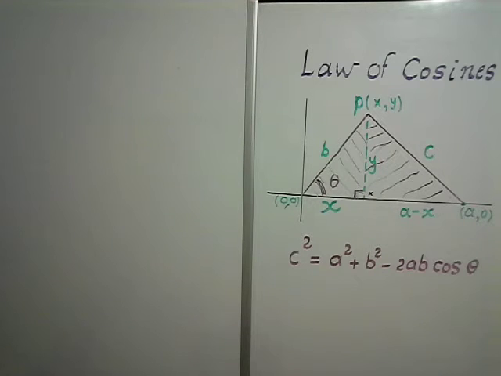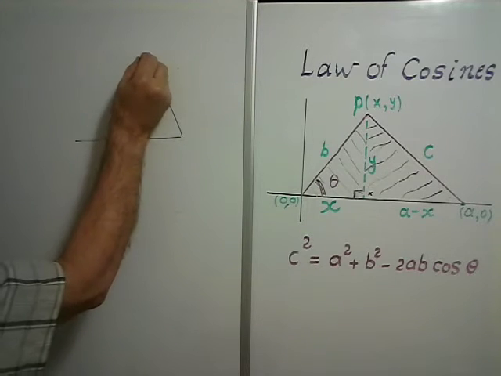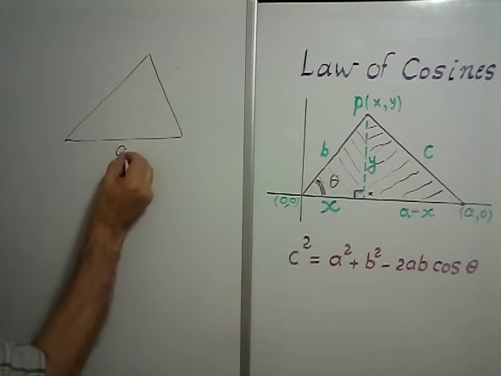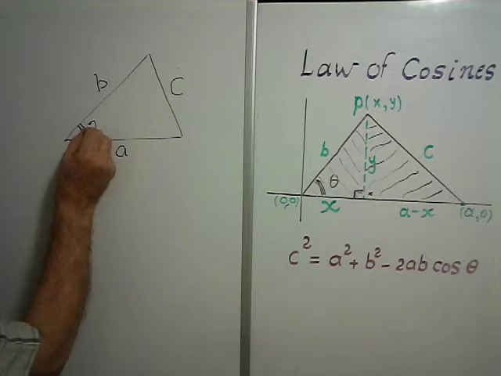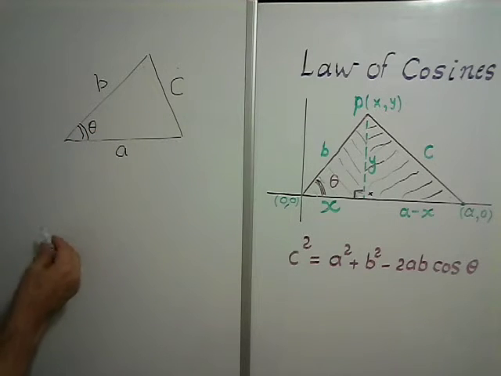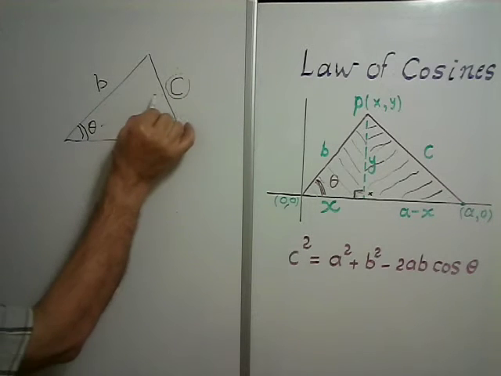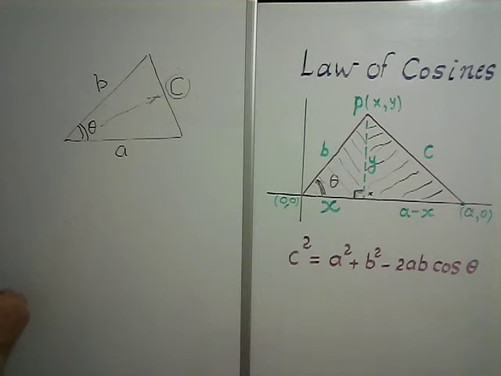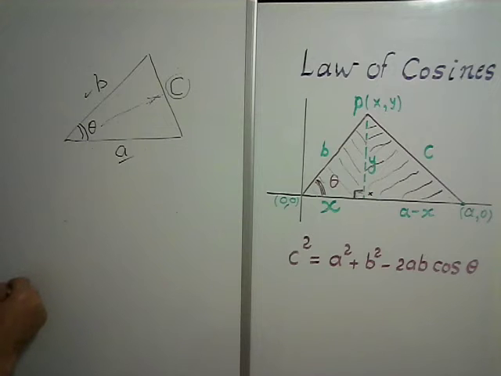You see, in another word, we can say for any triangle, when you have three sides and an angle like this is known, we can find the length of the side which is opposite to this angle by just multiplying this side and multiplying this side and adding the two squared together.